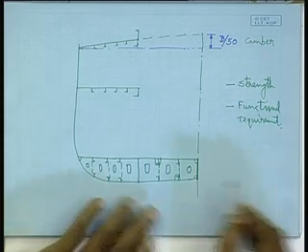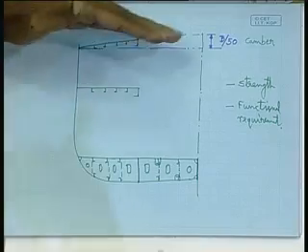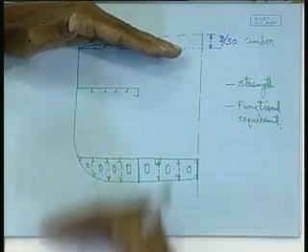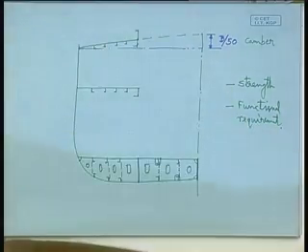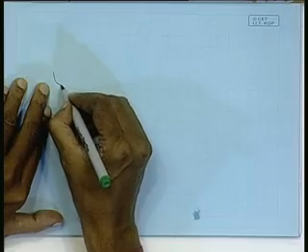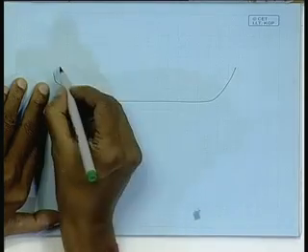Side girders are generally made intercostal, that means between two plate floors the side girder continues. What does that mean? That would be visible in a longitudinal section.